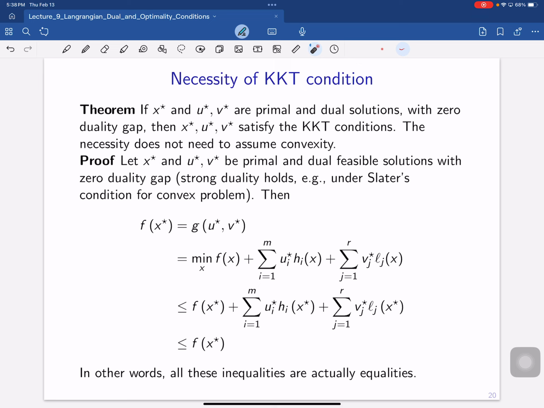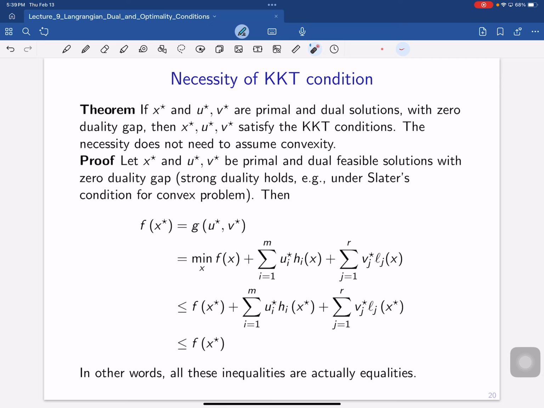inequalities. Because we know primal equals dual, that's what we assume for a problem with strong duality. Then what is this g(u star, v star) here? By definition, g(u star, v star) is obtained at the minimum of this Lagrange function.